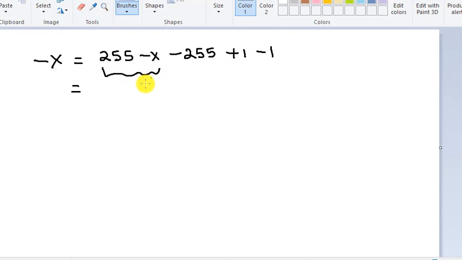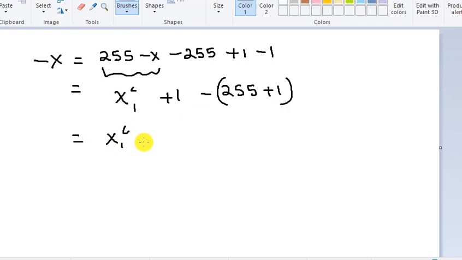This is 1's complement. We're going to represent that as 1's complement of x plus 1 minus 255 plus 1. This is 0. That remains. So to find the negative representation of a number, you always take the 1's complement of that number plus 1. That's it.